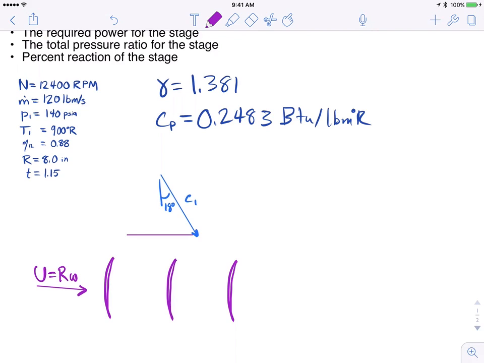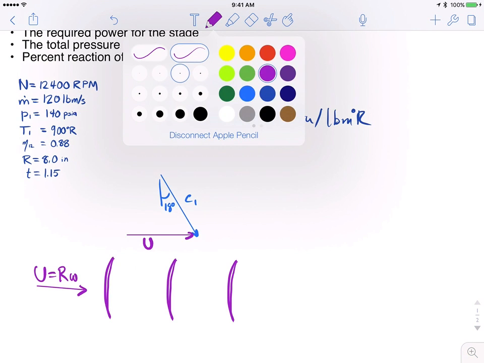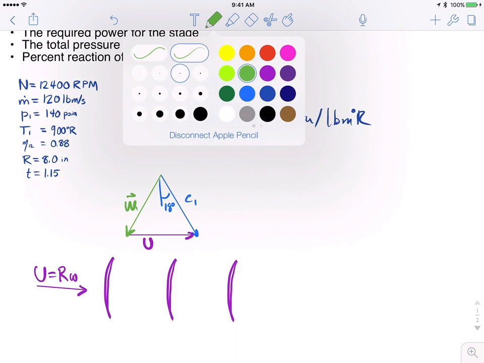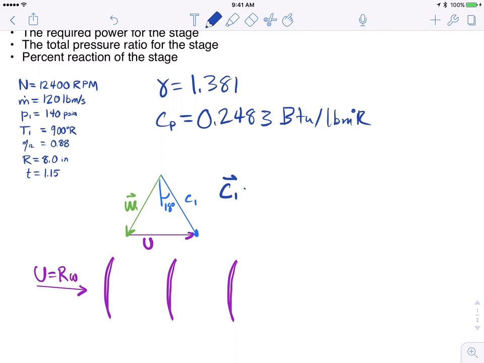So if we put U up here as our other tangential vector, that's the velocity of our reference frame, we can then calculate the relative velocity going into our rotor, W1, just based on the vector addition, because once again, the absolute velocity is going to be equal to the sum of the relative velocity plus the velocity of the frame of reference, or if we're trying to calculate that relative velocity, it's going to be c1 minus the velocity of our reference frame.